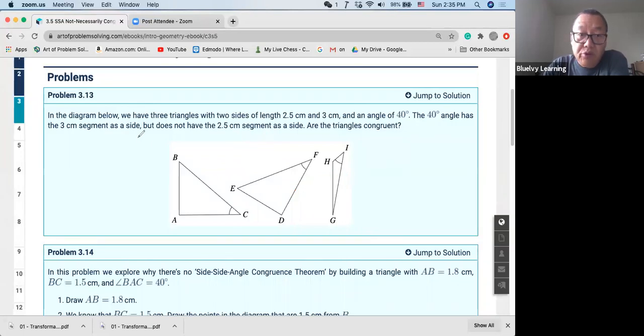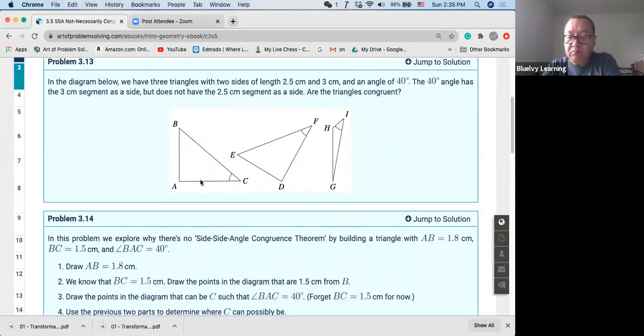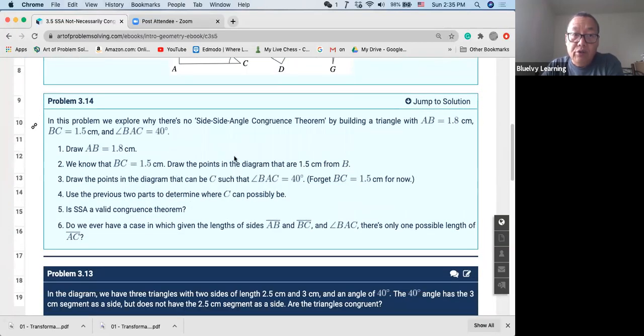To understand this problem, let's say we give you two sides and the angle. Can you build a unique triangle from these two sides and angle? Now let's see this example.